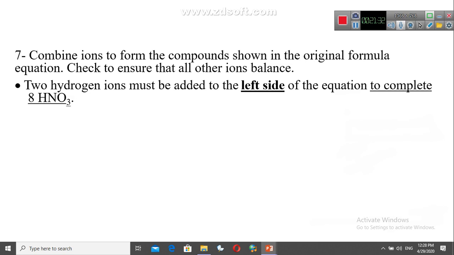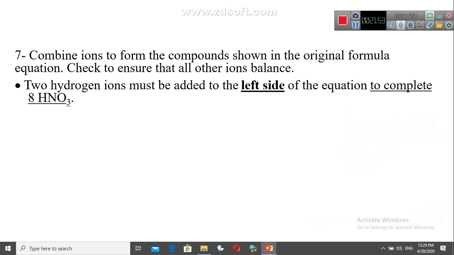Therefore, 2 hydrogen ions must be added to complete this formula. In order to get 8 nitric acid, we have 6 hydrogen ions and 8 nitrate ions.